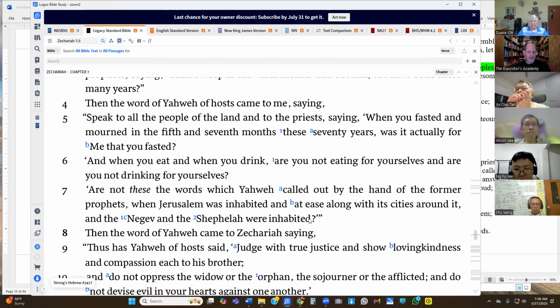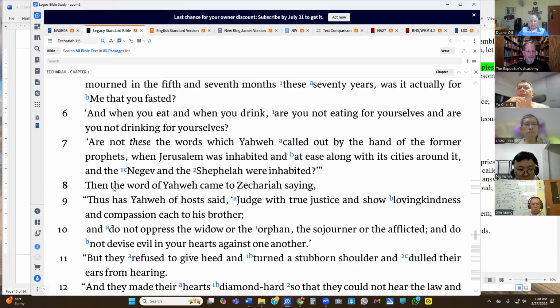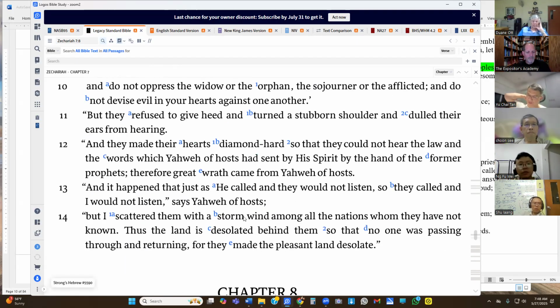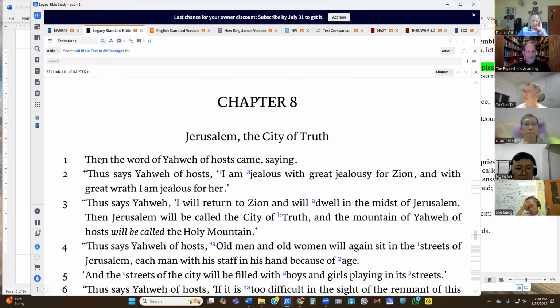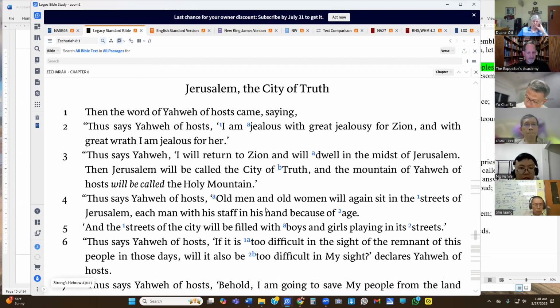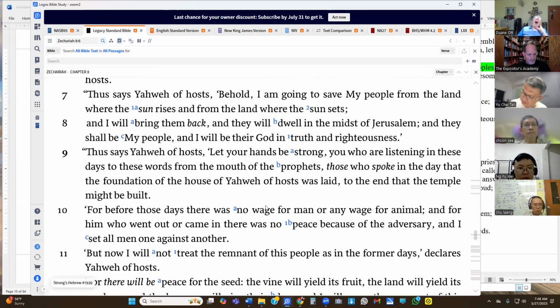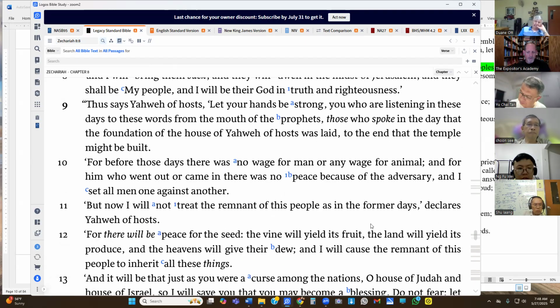And then a little bit later, it says the word of the Lord came to Zechariah. Then the word of the Lord of hosts came, saying... this isn't the text I'm remembering, but at least we saw one example.